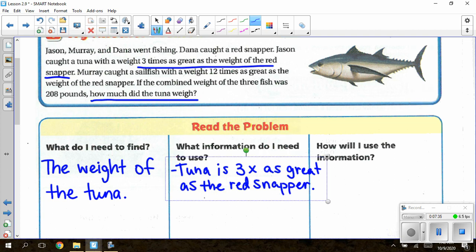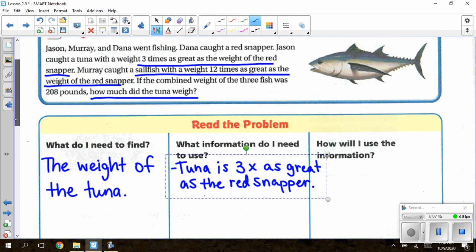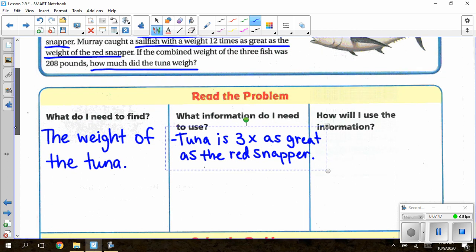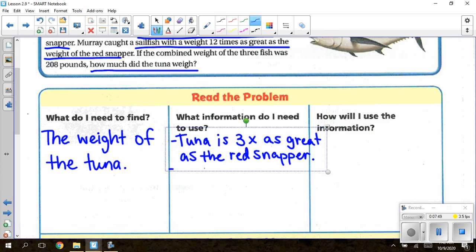The next piece of information that I need to use is that Murray caught a sailfish with a weight 12 times as great as the weight of the red snapper. So sailfish is 12 times as great as the red snapper.